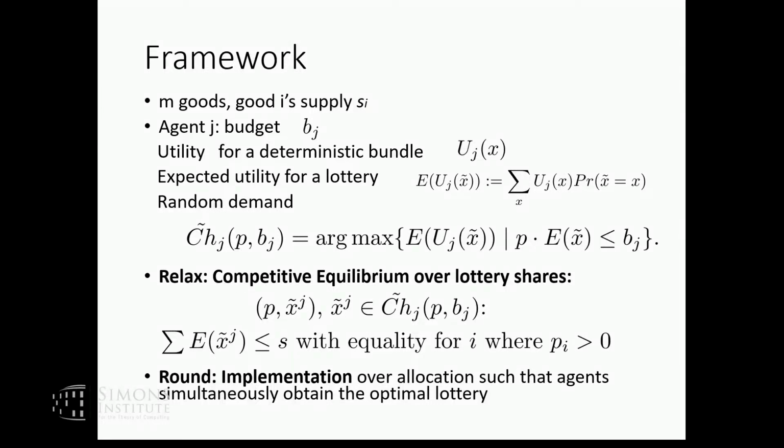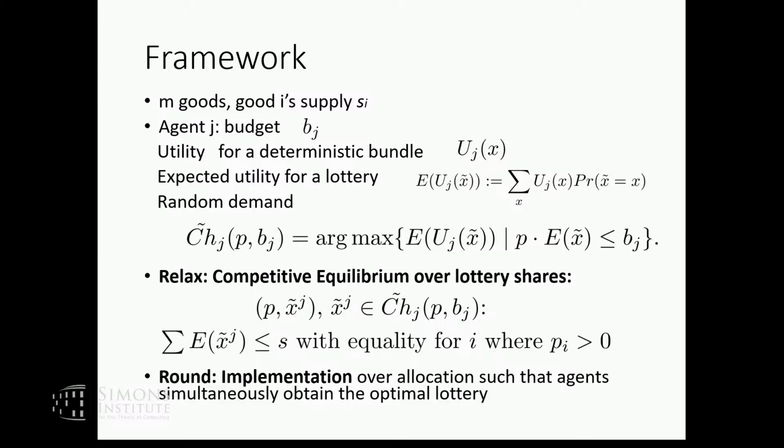So a competitive equilibrium over the lottery shares is exactly this: a price and a bunch of lotteries such that each lottery is optimal for every agent, and if I sum up the expectations of the lotteries, it has to satisfy the capacity constraint. And it's going to be equal if the price is positive. Make sense?